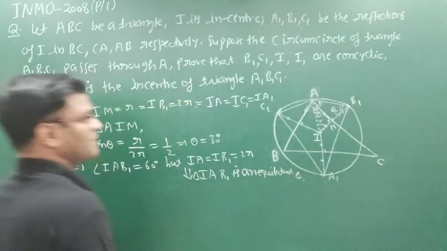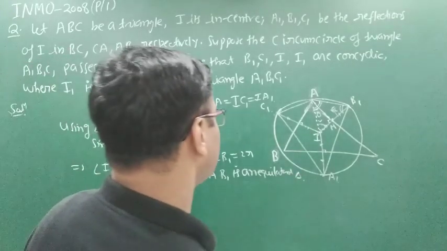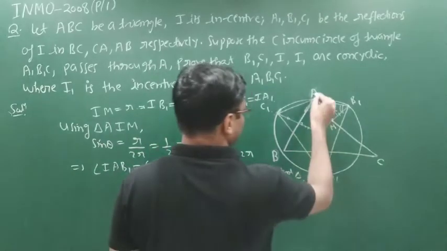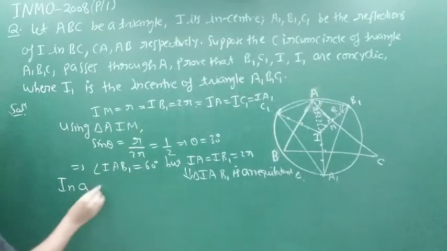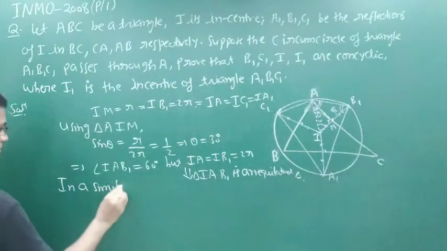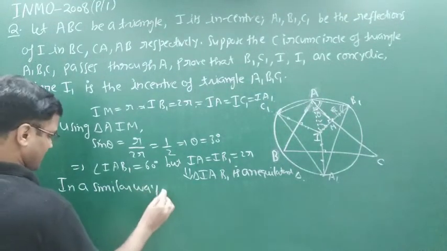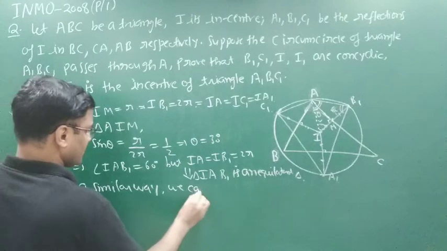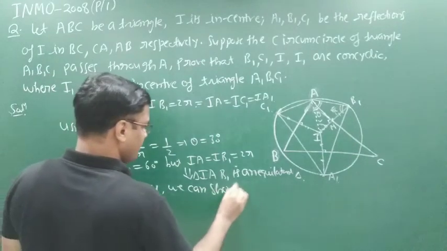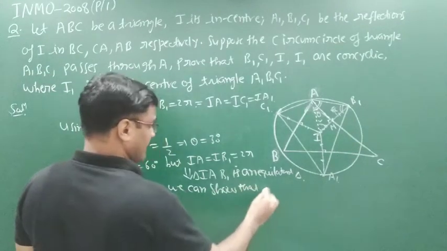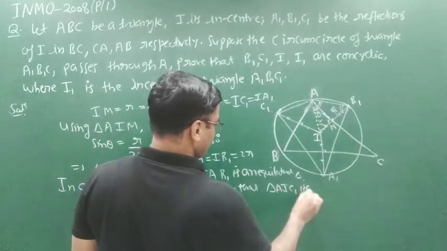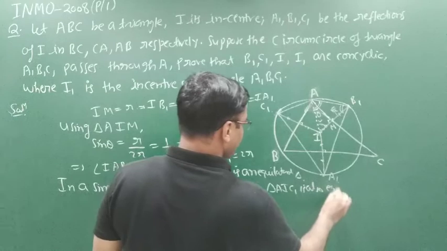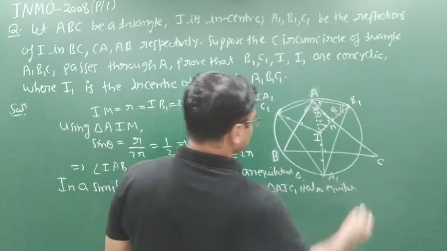In a similar way, we can show that triangle AIC1 is also equilateral.